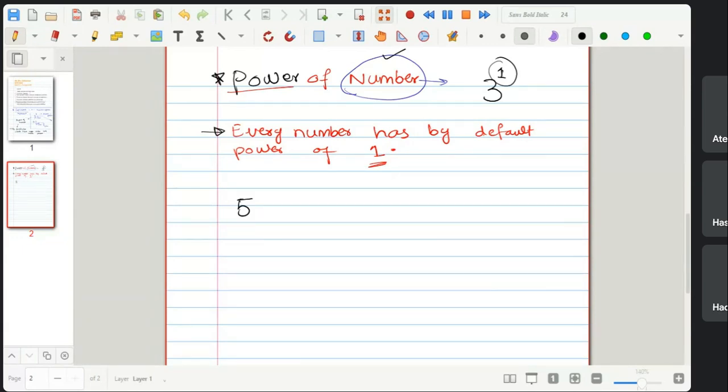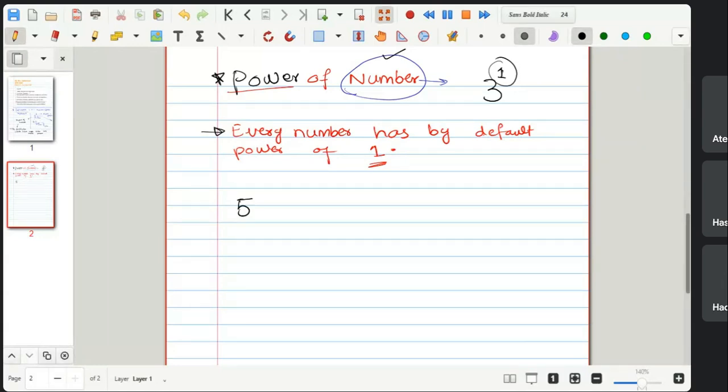Auria, can you tell us what is the power of this number, which is 5? Auria. Yes, teacher. The power of number 5 is 1. Okay, very good.